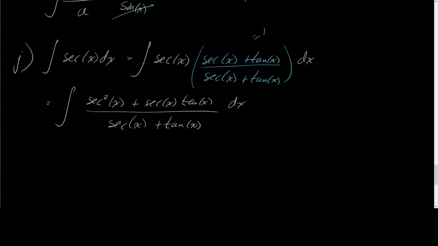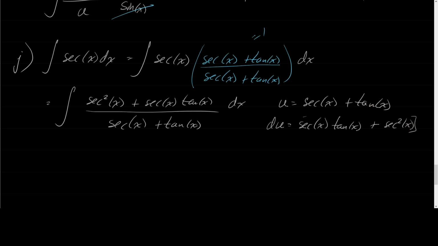At this point, I'm going to say, well, let u be equal to secant of x plus tangent of x. Then du would be the derivative of secant, secant x tan x, plus the derivative of tangent, secant squared of x, and all of that dx.